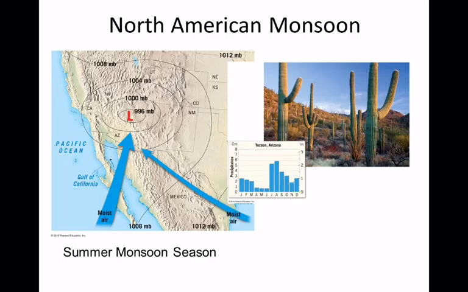Seasonally, we see the bars for precipitation go up in July, August, September. That would be the monsoon season being described here. So seasonally, we have this warm, moist air coming in to that low and dumping in that region. So that's the monsoon season for our southwest.